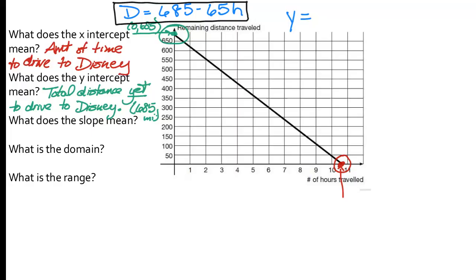I can go for that. Y equals mx. What is my m in that equation? 685. What is my slope? What is my slope here? If we say y equals mx plus b, the slope is, in y equals mx plus b, it's the m, right?